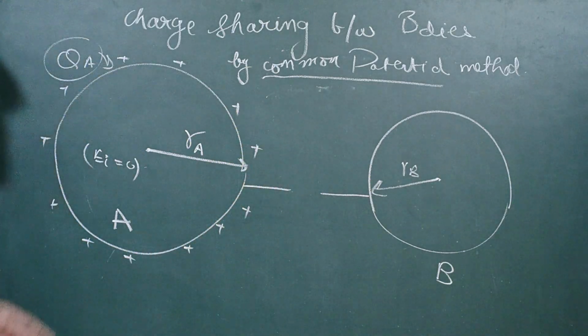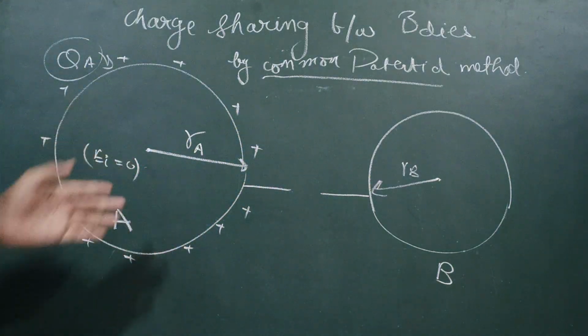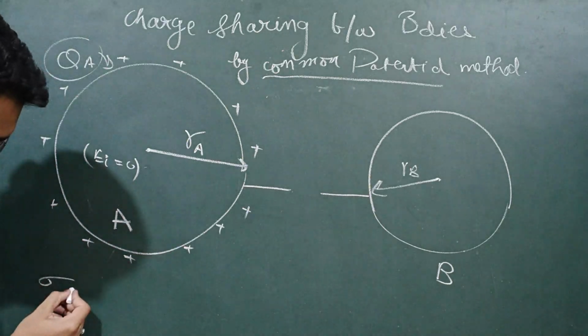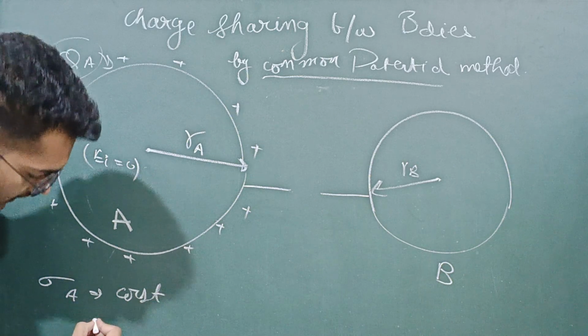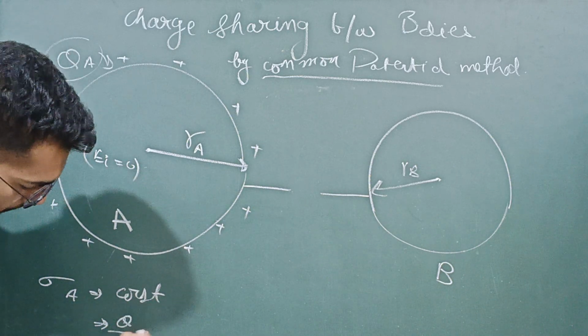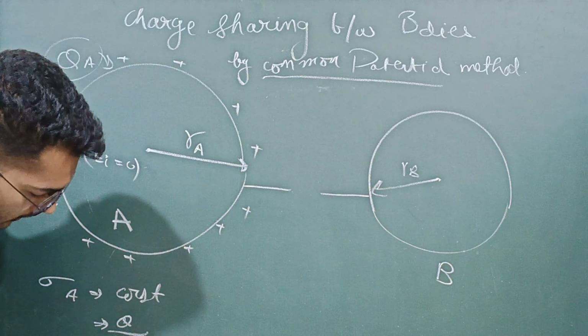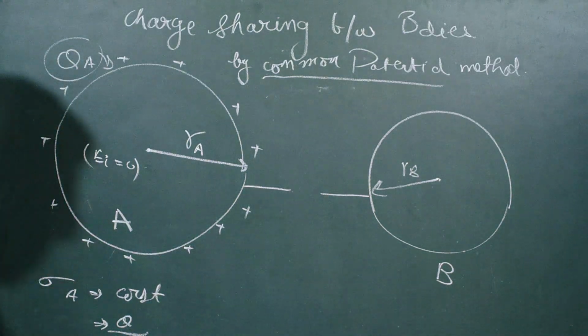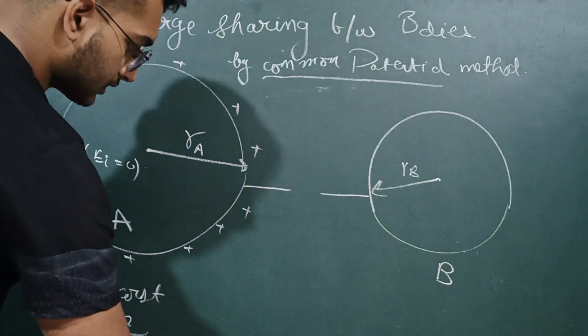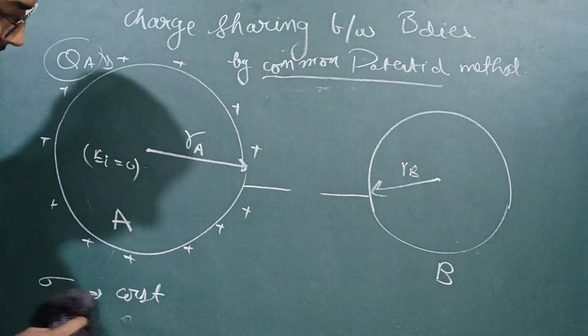So I can say its surface charge density sigma A is constant, and it's just Q upon 4 pi RA squared. That's not needed. The mathematical term is just for your understanding.